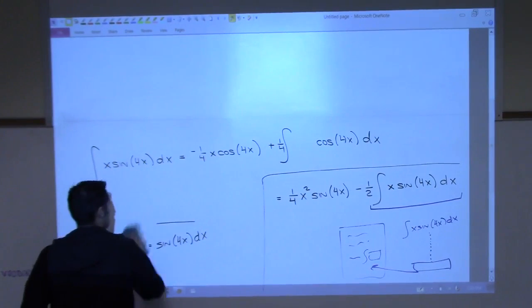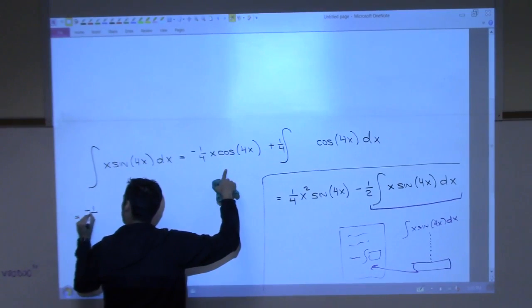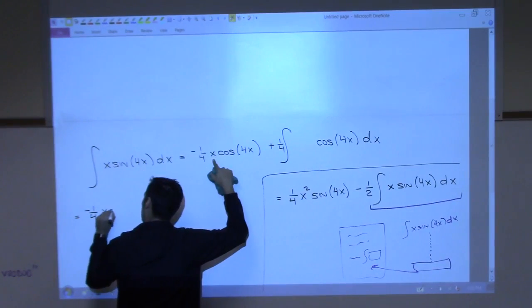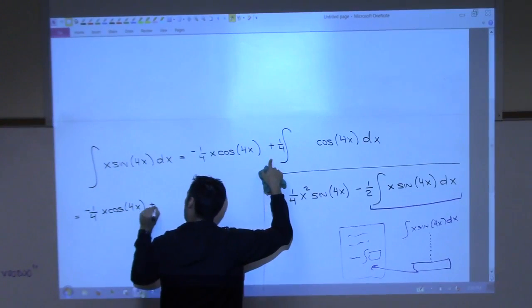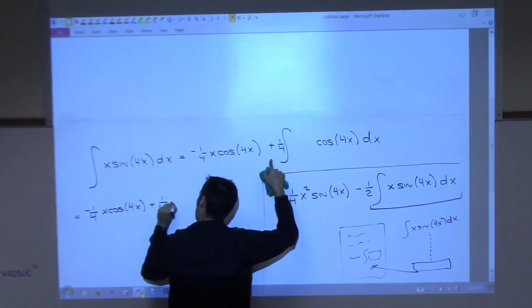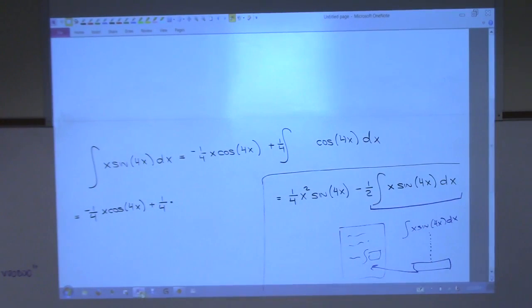Yeah. So that becomes negative 1/4 x cosine 4x plus a fourth, and then times, Laura, the antiderivative of cosine 4x. 1/4 sine 4x.